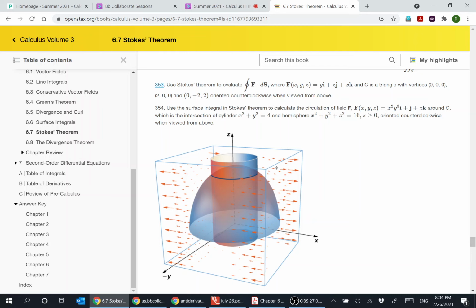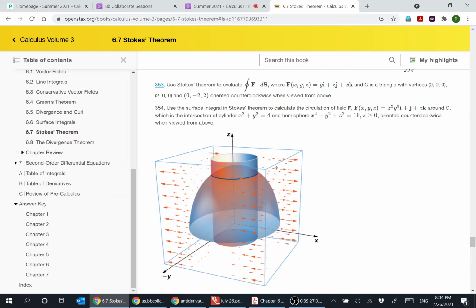What surface would you pick? So this blue circle is the curve. So what surface would you pick that has that blue circle as a curve? You don't have to pick the hemisphere.